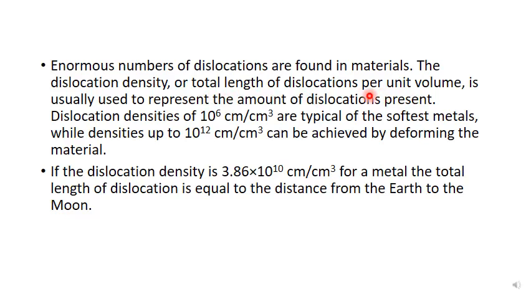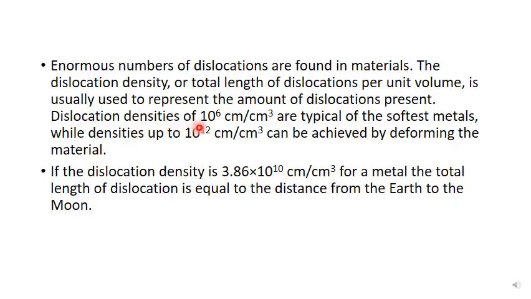We know that each single dislocation is an extra half plane, so it has a length. The total length of all dislocations in a volume of material is called dislocation density. And it is huge. It is really huge.